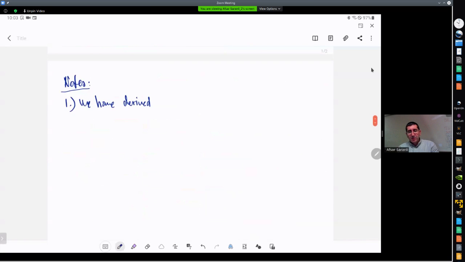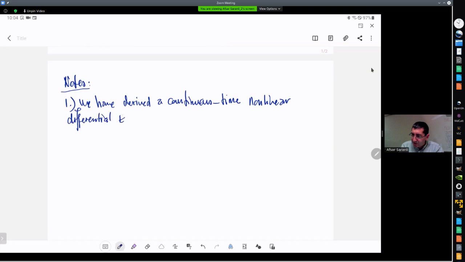So let me summarize what we have done. Initially, we have derived a continuous time, nonlinear differential equation model of the system.